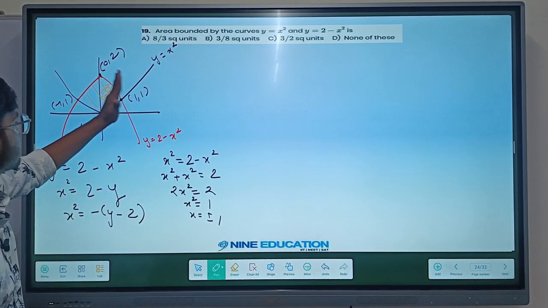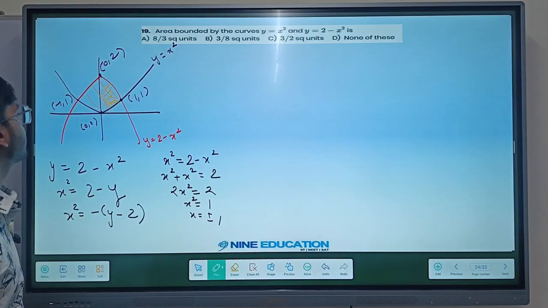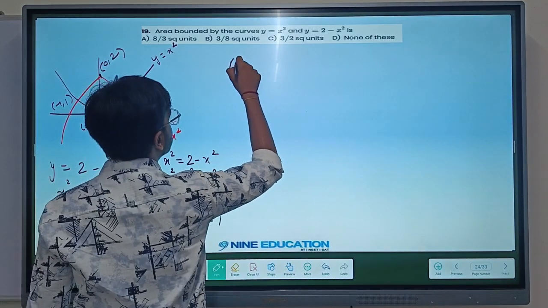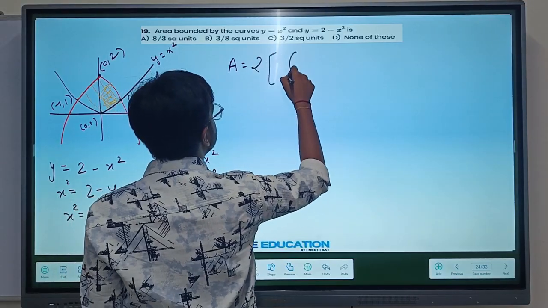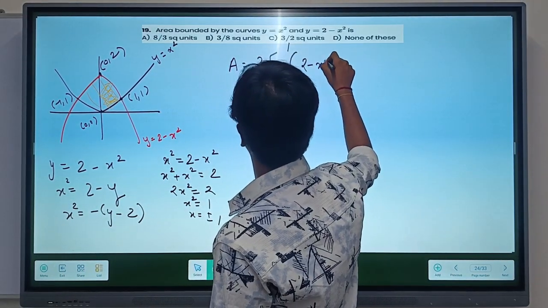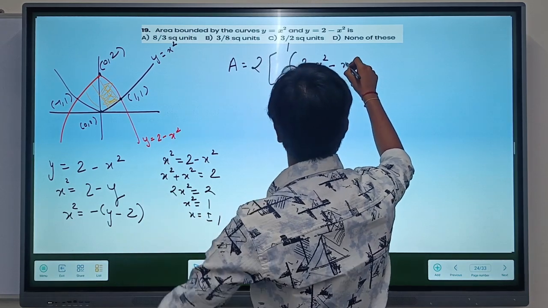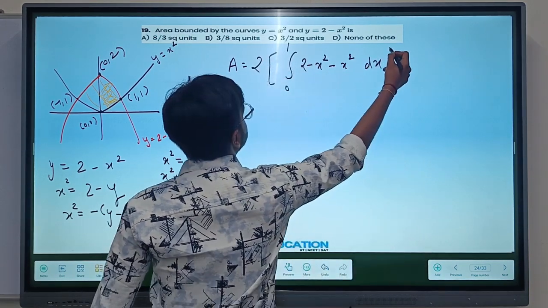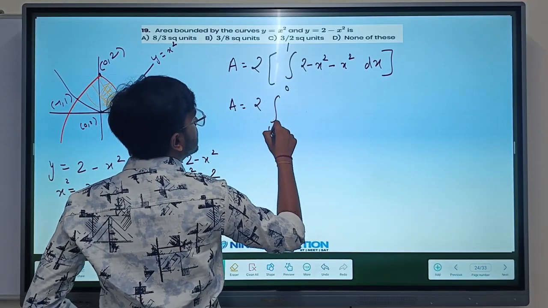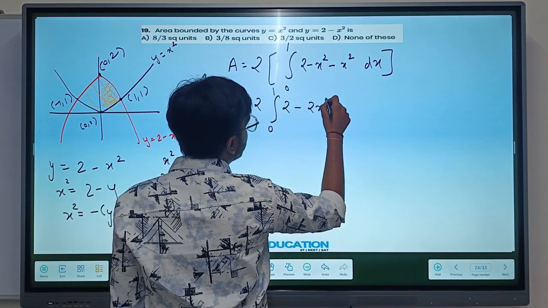From here, let's say this part of area, how can I calculate? From 0 to 1, the bigger curve minus smaller curve. So area would be 2 times, first, 0 to 1. What is the bigger curve? Bigger curve, red curve, that is 2 minus x square, minus smaller curve, black curve, which is x square dx. So area would be 2 times 0 to 1, 2 minus 2x square dx.